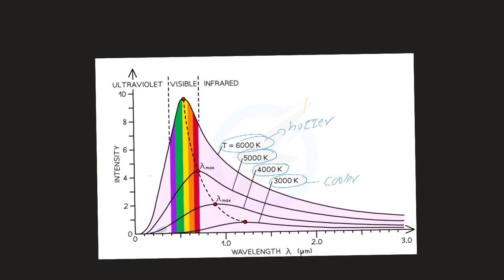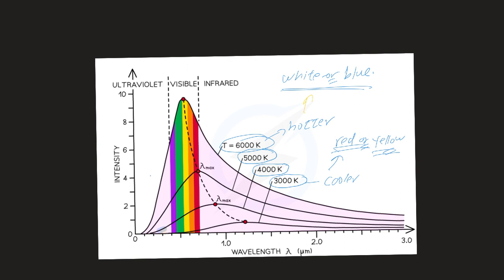The hotter tends to be white or blue, and the cooler appears to be red or yellow. So if you keep on increasing the temperature, the color of the star turns to white or blue, and if you decrease the temperature, then it will be red and yellow. And this trend you can see from here.